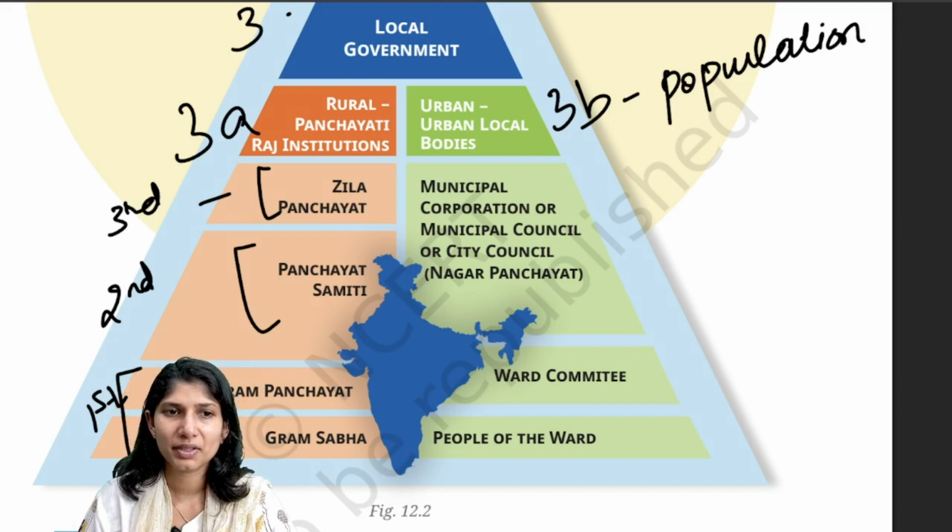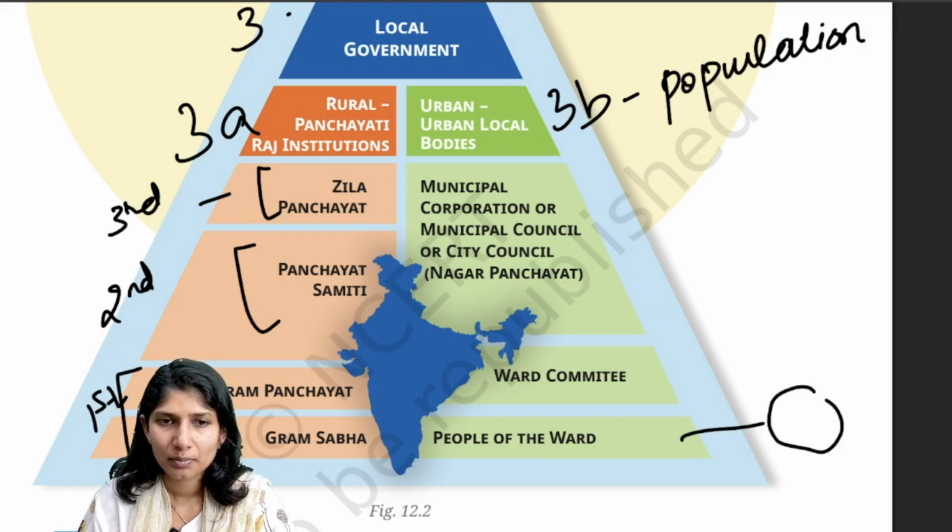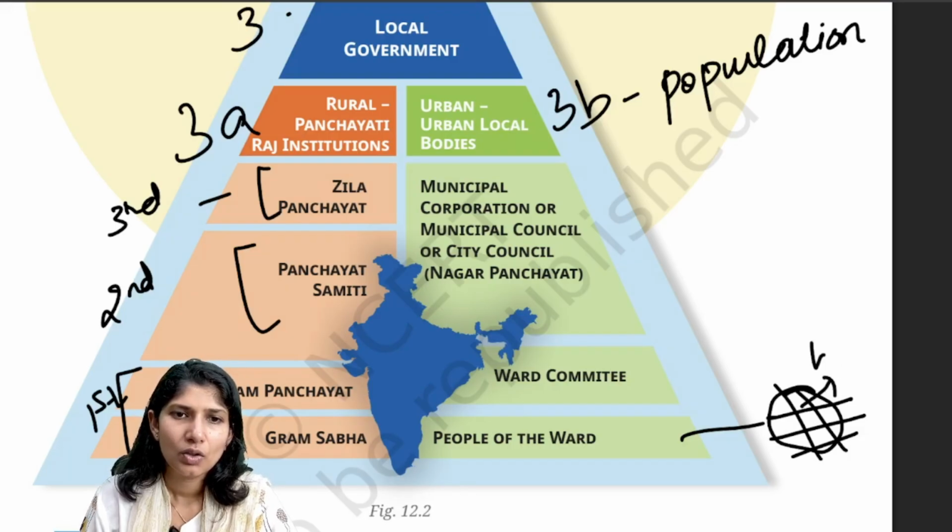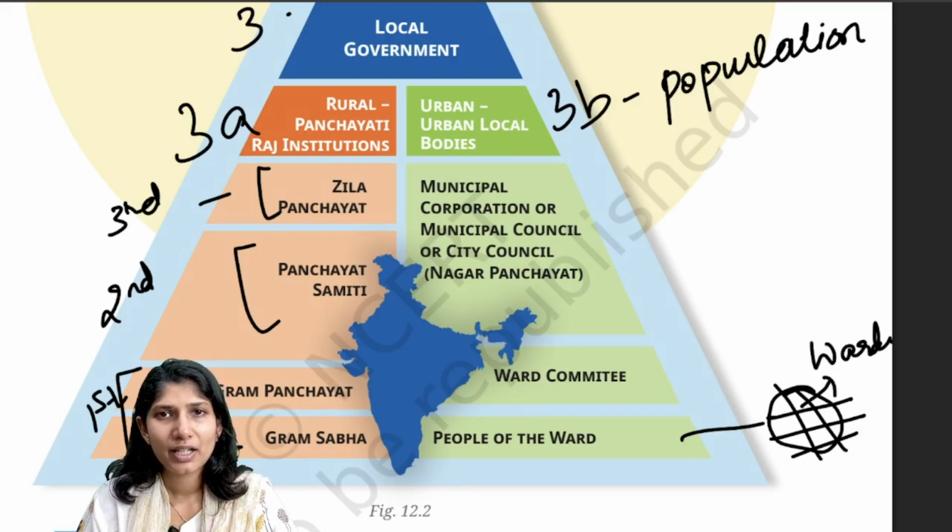If we start from the basics, we have the people of the ward, where a particular municipal area is divided by small imaginary lines called wards. Then we have the ward committee, then we have the municipal corporation, municipal council or Nagar Panchayat.